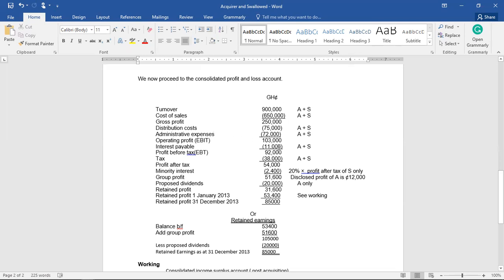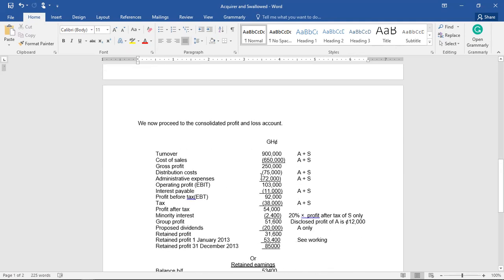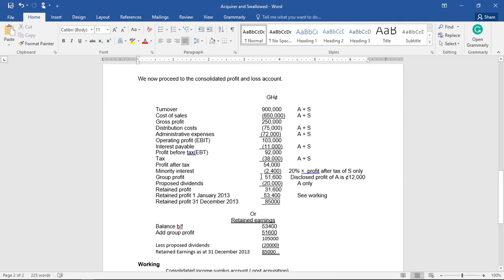Interest payable, 11,000. Profit before tax, 92,000. And tax in that order. There was an investment income of 4,000. Here, you ask yourself, you go to your income surplus account. There was a 4,000 coming from the subsidiary, and you ask yourself where.